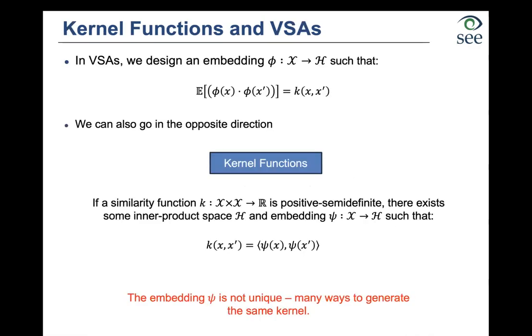So the point of contact with VSAs is that in VSAs, we typically think of designing an embedding such that in expectation over randomness in the embedding operation, we recover a particular kernel. But kernel methods go in the opposite direction. For any similarity function that satisfies this technical condition known as positive semi-definiteness, we're guaranteed that there exists some inner product space and an embedding that takes data from our ambient representation to that inner product space, such that the kernel can be evaluated as a dot product in that high dimensional space.